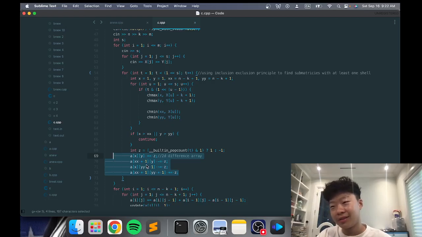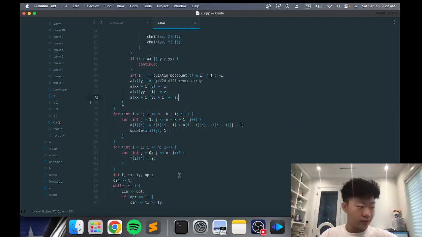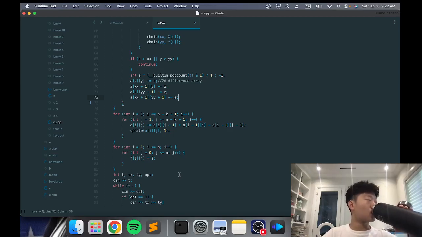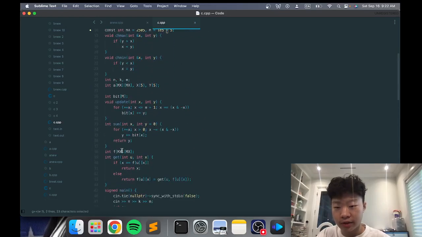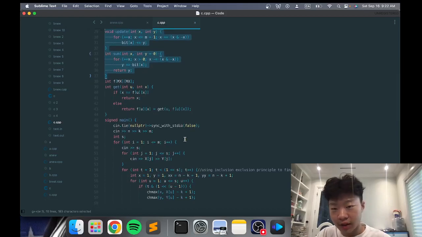It's basically a 1D difference array, but in 2D. You add it here, and you minus it here, and then minus it here, and you add it back. And you lay it over, and you update the binary index tree. A simple binary index tree.